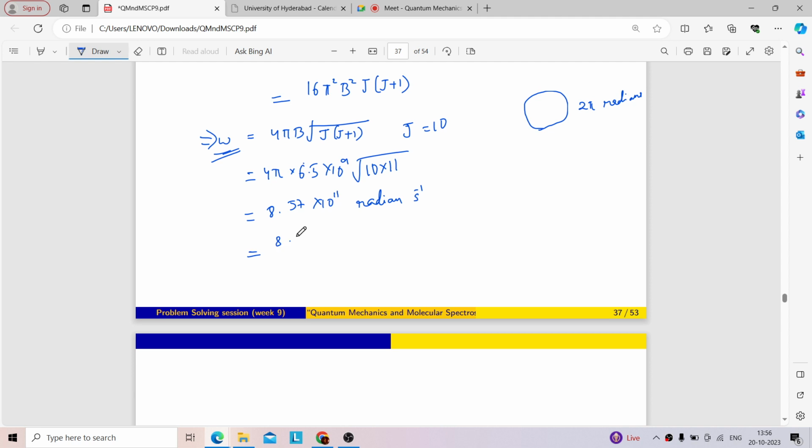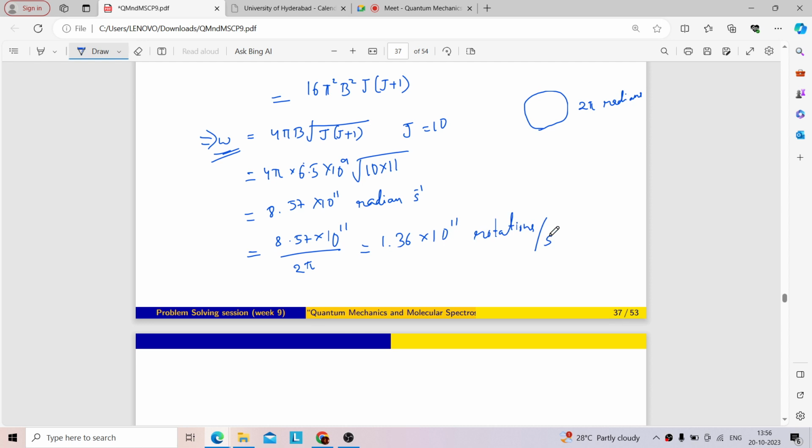So 8.57 times 10 to the power 11 divided by 2 pi will give us 1.36 times 10 to the power 11 rotations per second.